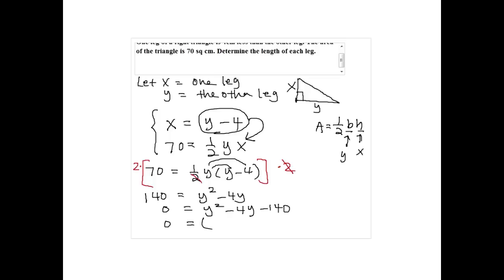By factoring the expression, we have y minus 14 times y plus 10 equals 0.